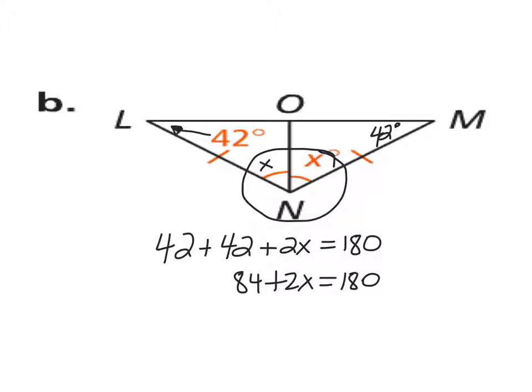And then I'm going to subtract 84, so 2x is going to equal 96. Then I'm going to divide that by 2, and I get 48. So I know that x is 48 degrees. So this one right here is 48, and this one is 48.